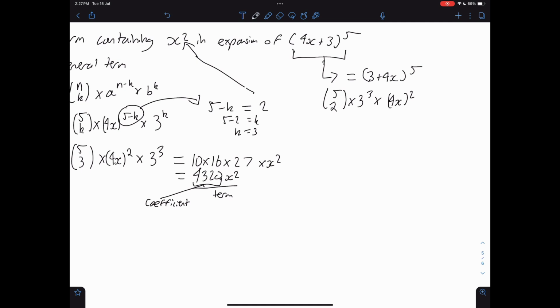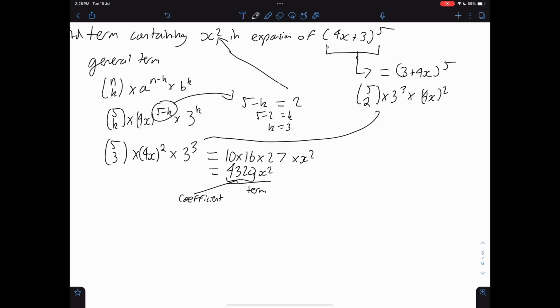And so this means it's going to be equal to 5 choose 2 times 3 to the power of 3 times (4x) squared. And that will be equal to 5 choose 3 times (4x) squared times 3 to the power of 3 because of the commutative law of multiplication.